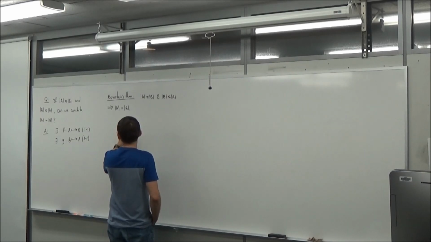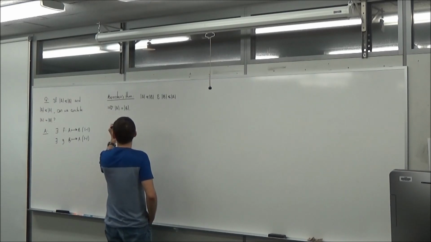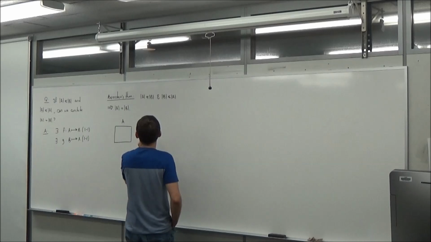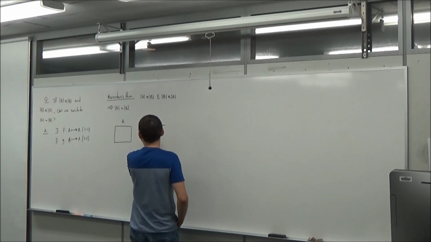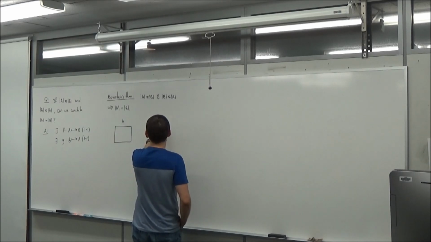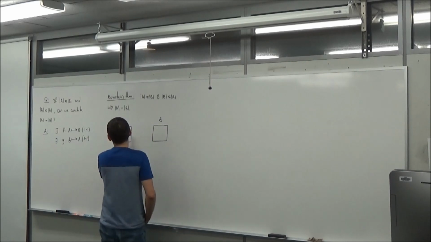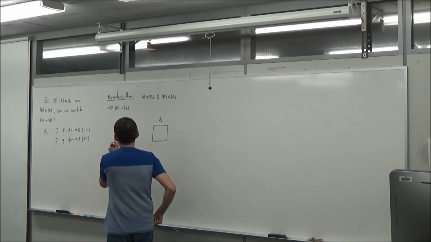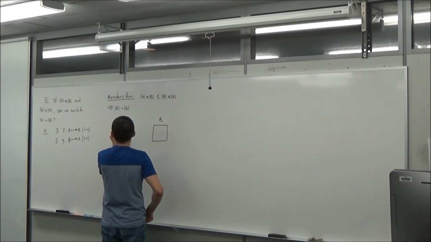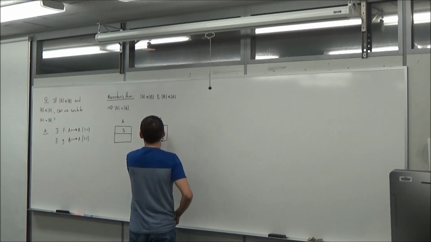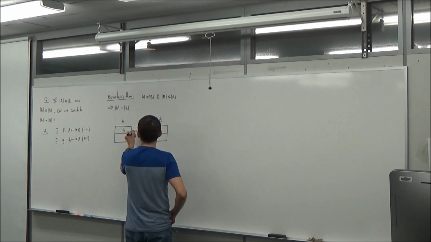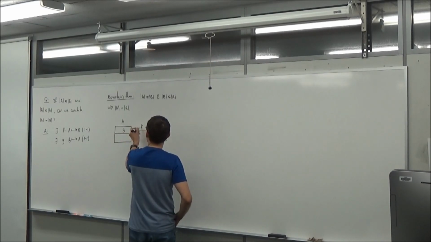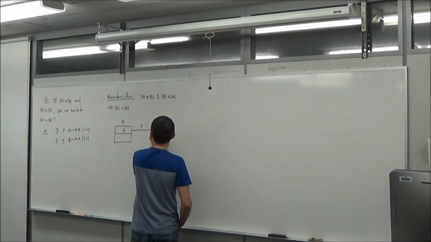So what I can do is I can look at the set A, and I can look at the set B. Somehow I want to partition A. I want to take part of A, let's call this S, and this part will be mapped by F onto this part, which I can label as F of S, the image.